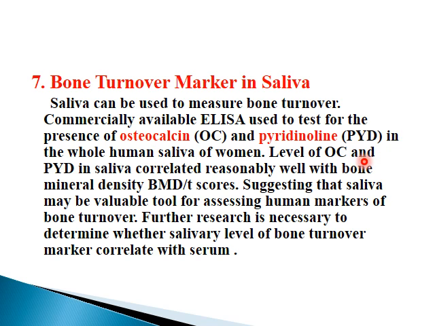Levels of osteocalcin and pyridinoline in saliva correlated reasonably well with bone mineral density scores, suggesting that saliva may be a valuable tool for assessing human markers of bone turnover. Further research is necessary to determine whether salivary levels of bone turnover markers correlate with serum.